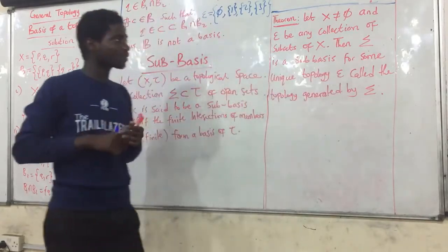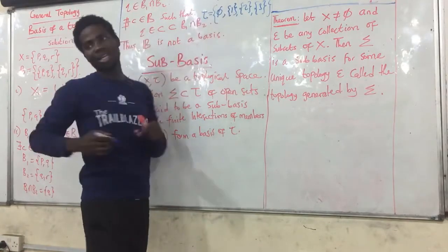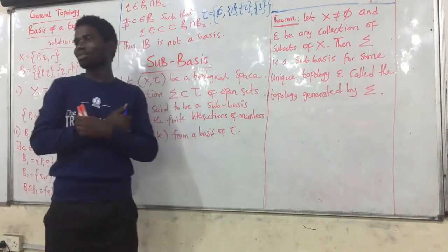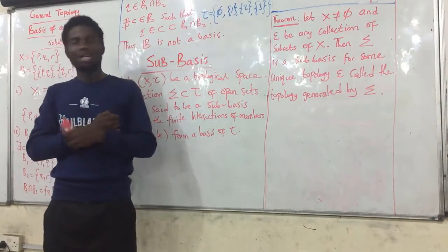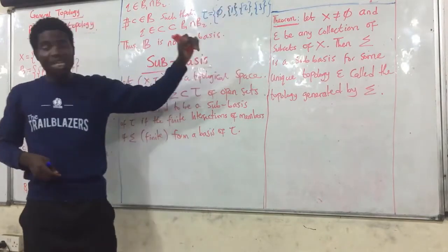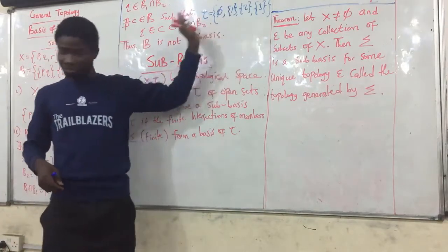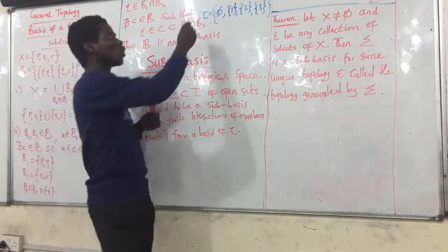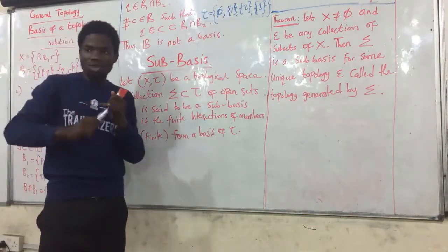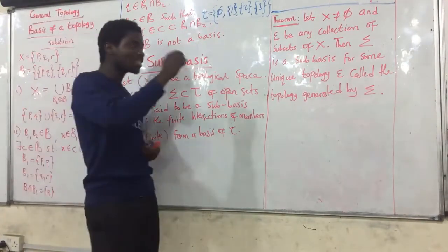That is, if you make the collection of subsets into a topology, there will be a sub-basis for it. You can always find a sub-basis for it.